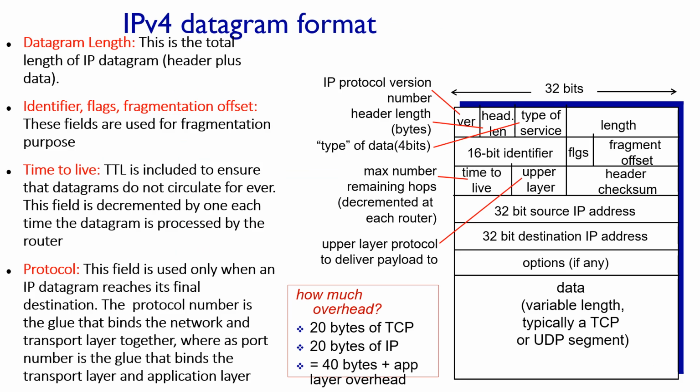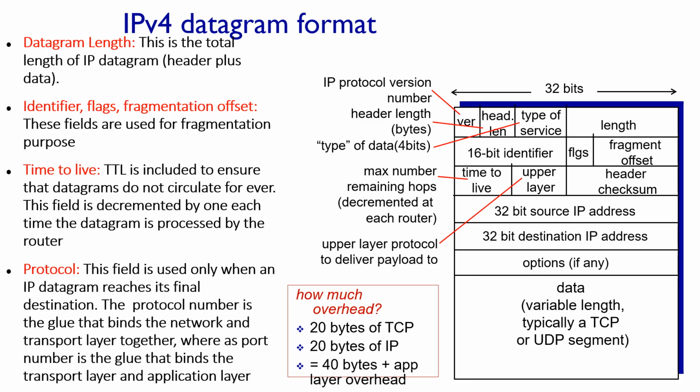The datagram length field specifies the total length of the datagram. Total length includes header length plus data length. Since the header length is varying, the system identifies the starting point of the data from the total length field. Total length minus header length gives the starting point of the data storage.